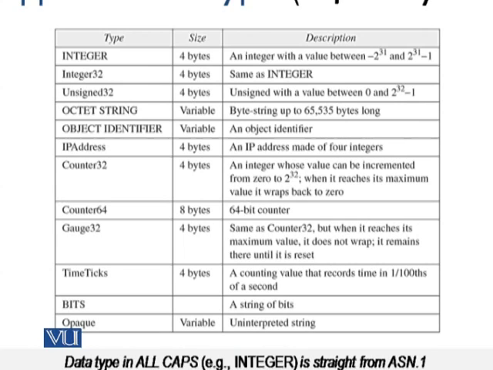So the important types that you would see would be the integer type, which is also integer 32. So this can take both a negative value and a positive value. You may also have only non-negative integers in which you only have positive values, and they can come in the form of a counter type or a gauge type.